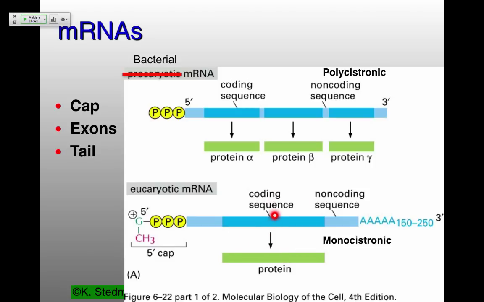The coding sequence, by definition, is just your exons, and then a poly-A tail. There are also these light blue regions right here. We'll talk about these later. These are known as the untranslated regions. You have a 5' untranslated region, usually abbreviated as UTR, and a 3' UTR down here at the end. Very important for regulatory processes. Again, we'll get back to that a little bit later.